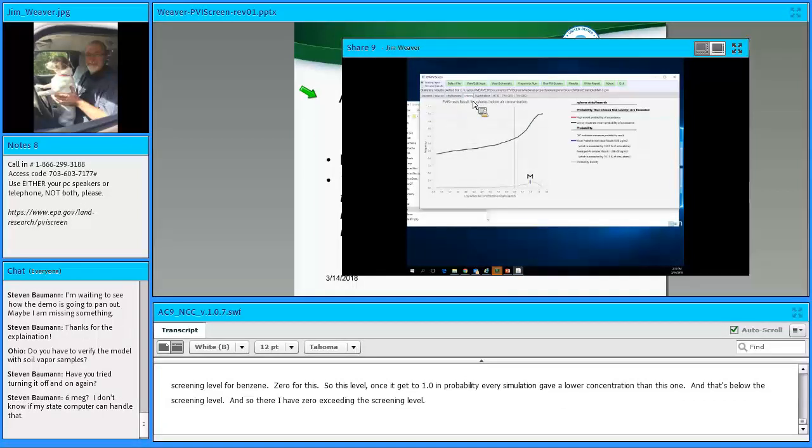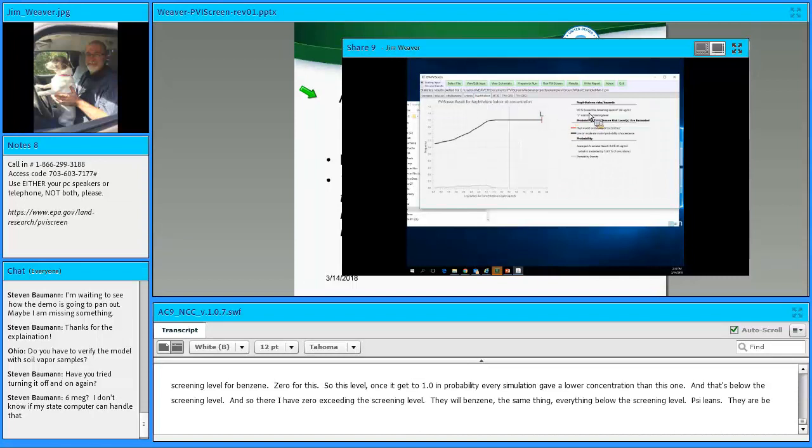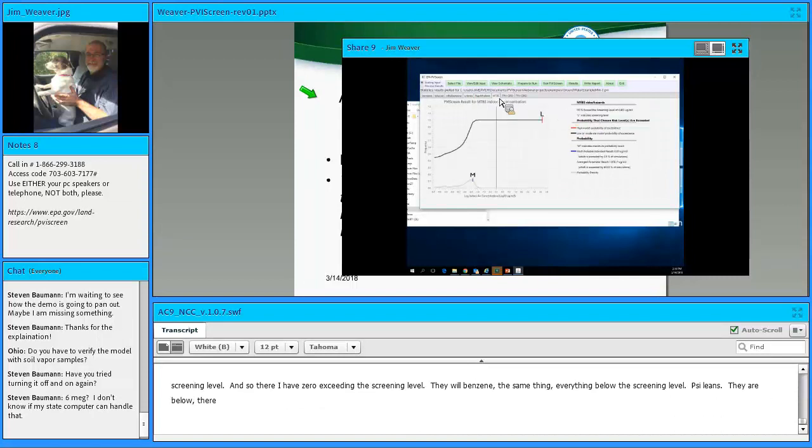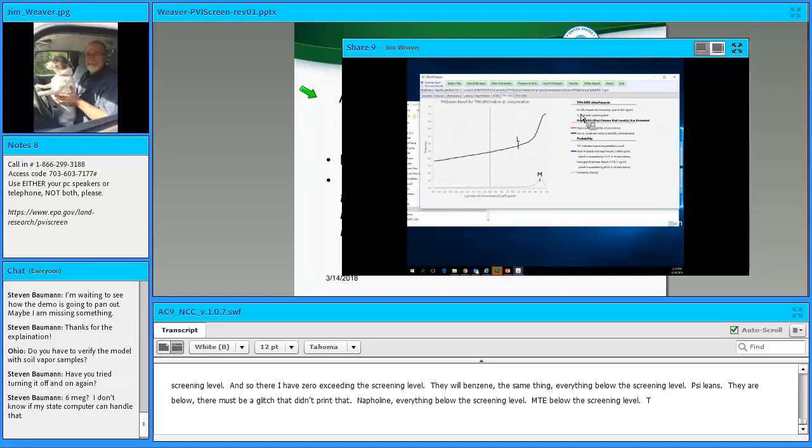Xylenes, they are below. There must be a glitch that didn't print that. Naphthalene, everything below the screening level. MTBE below the screening level. TPH-GRO, about 43% above the screening level. DRO, 6% above the screening level.